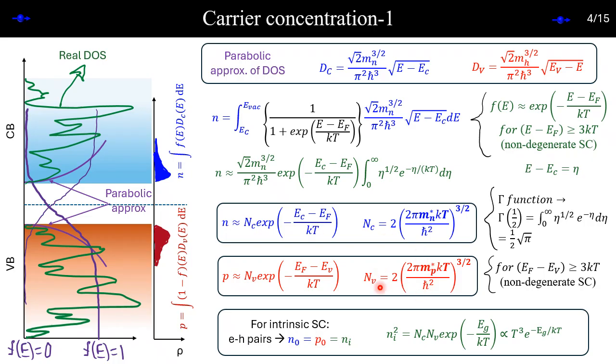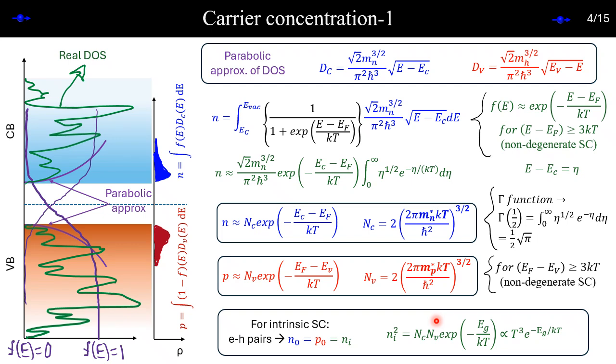Mathematically you should understand, and intuitively you should appreciate the same thing. If I take the product of these two, you get NC NV times exponential of minus Eg over kT. As you decrease Eg, your Ni increases. That's why germanium has a higher intrinsic carrier concentration than silicon, and gallium arsenide has a lower intrinsic carrier concentration than silicon. Clear?